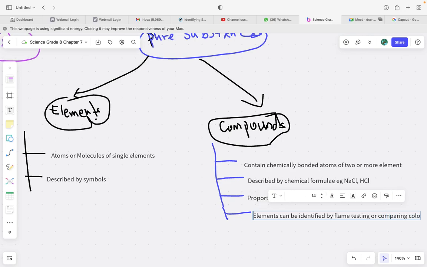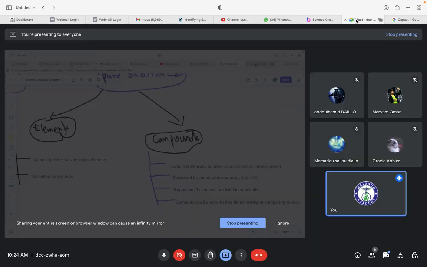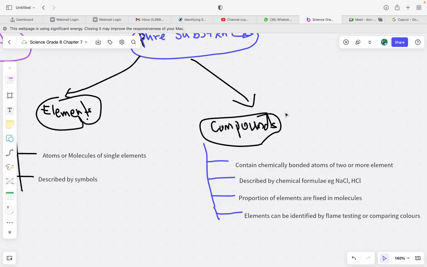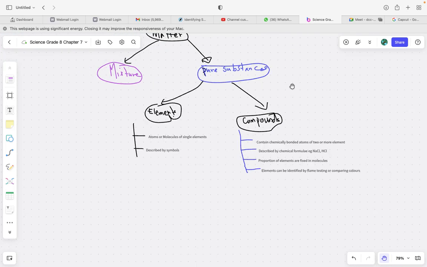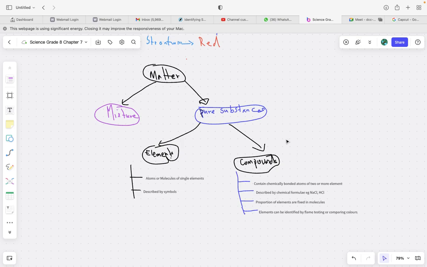So this is a summary of what we have for matter. You can see the whole chapter is about matter. We looked at atoms, molecules, pure substances, and then mixtures.